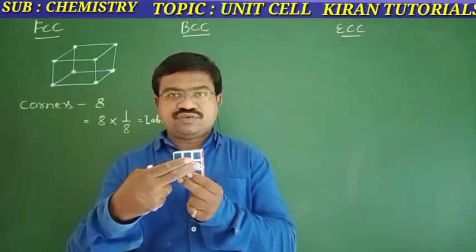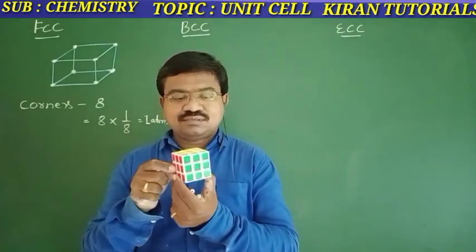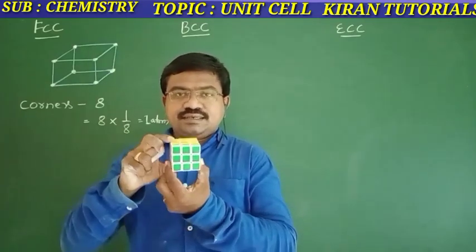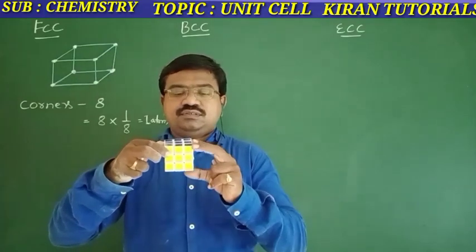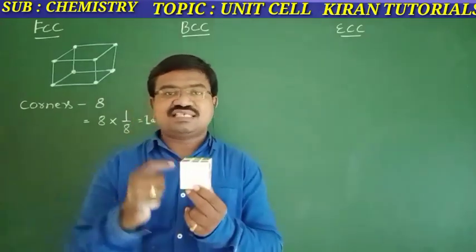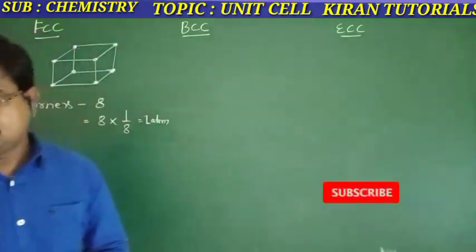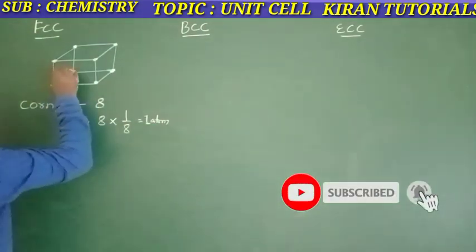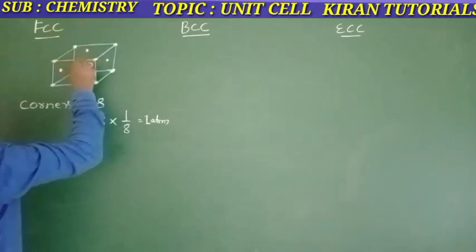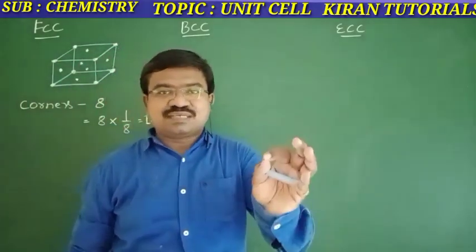Here the first one is blue color, red color, second one green color, third one, and 4, 5, 6, white color. Clear? So 6 faces are present. If you observe the cube, 6 faces are present. So we have 1, 2, 3, 4, 5 and on the back side, 6. So 6 faces, 6 atoms are present.